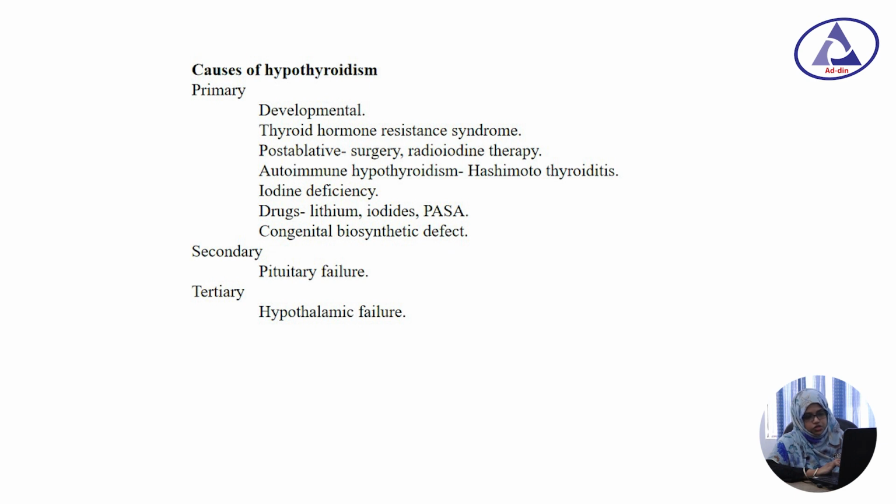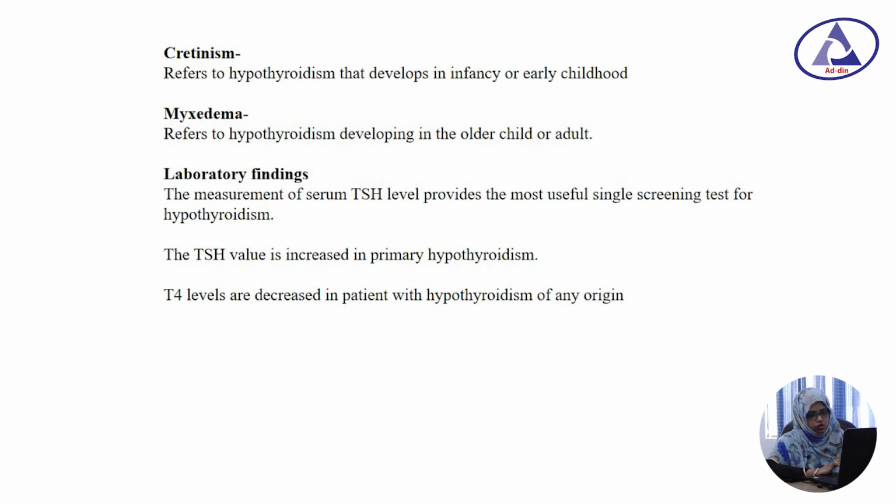Secondary causes include pituitary failure and tertiary causes include hypothalamic failure. What about cretinism? It refers to hypothyroidism that develops in infancy or early childhood. And myxedema refers to hypothyroidism developing in the older child or adult.